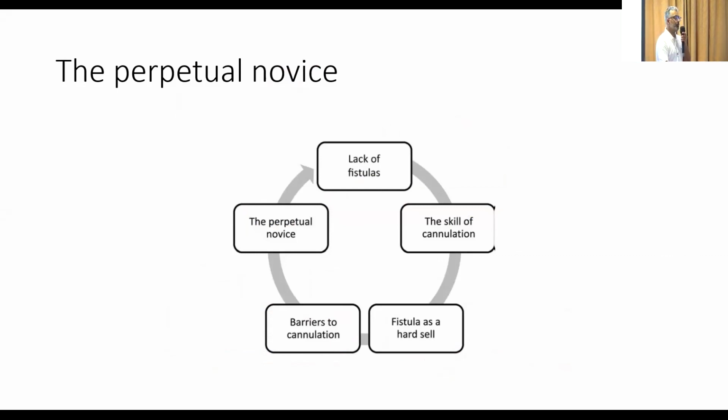You're scared of cannulation, the patient gets pain during cannulation, gets issues during cannulation, does not like the fistula, less fistulas in our dialysis populations, increased mortality. So it's a whole lack of fistula because the skill of cannulation is not there because there are no fistulas to cannulate.